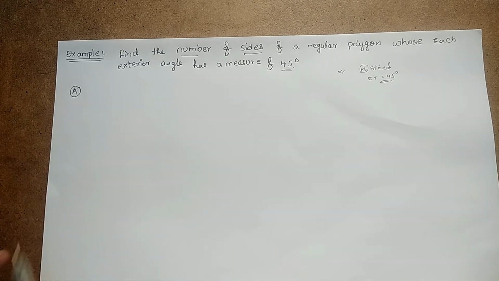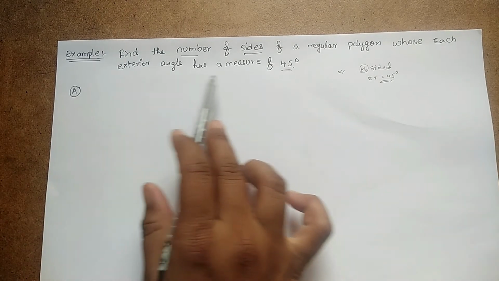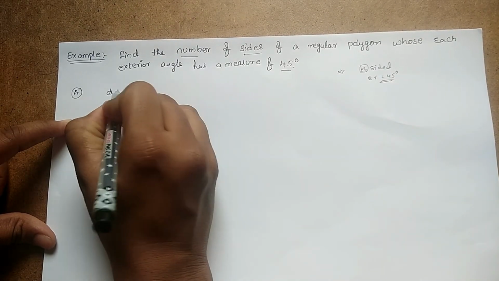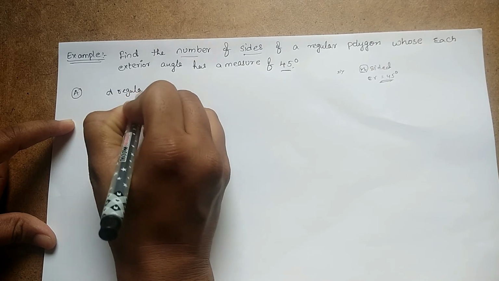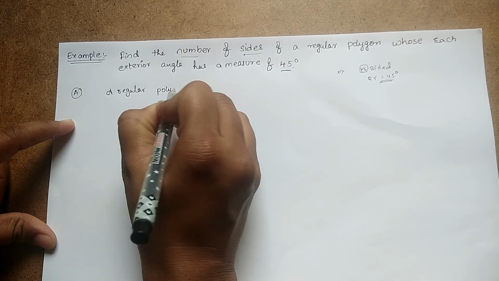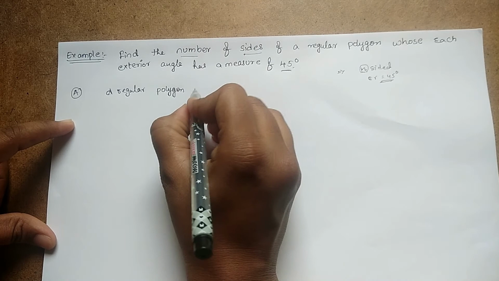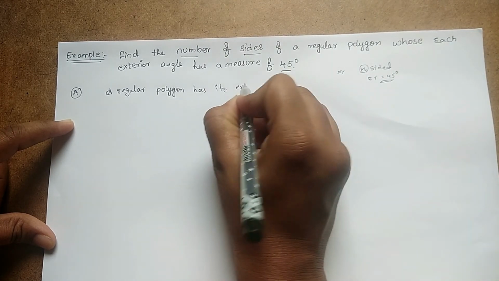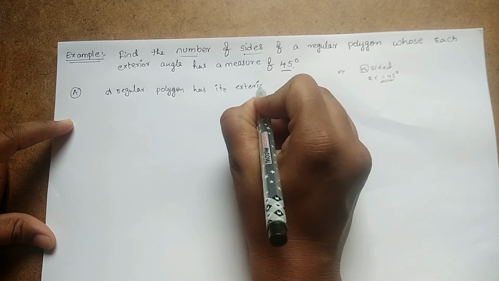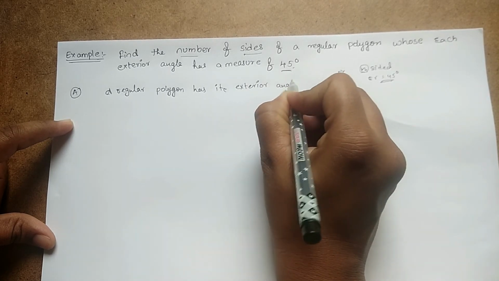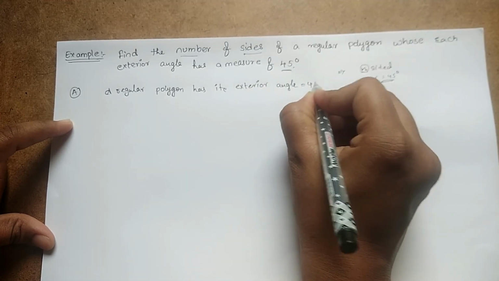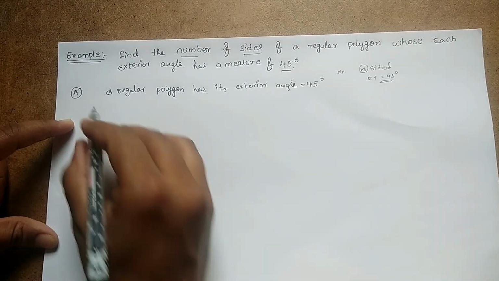Let's move into the question. Write it down step by step. A regular polygon has its exterior angle equal to 45 degrees.